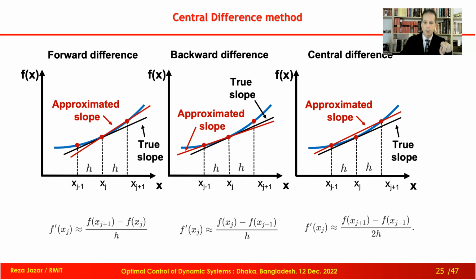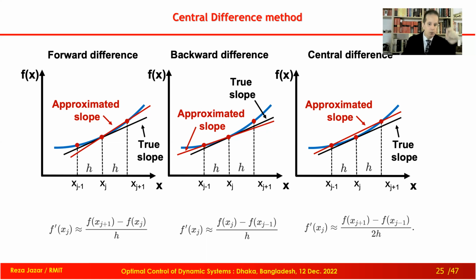So at x sub j, we wish to find the slope. Slope means the straight line that touches the curve at that point. And the slope means the arctangent of the angle of that line with respect to the x-axis. So the slope at point x sub j is what we are looking for.